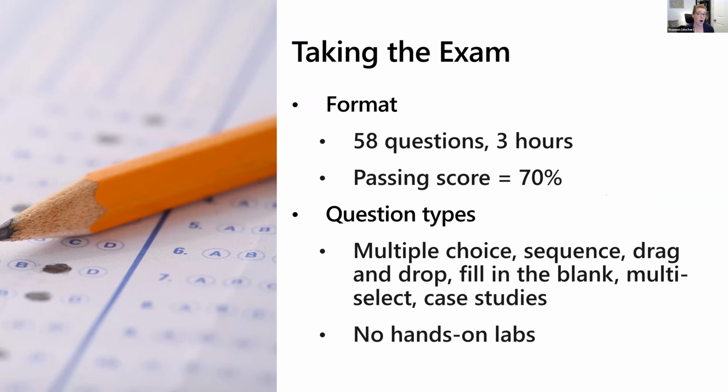You can take it online in your home, or you can take it in a testing center. There are benefits and drawbacks to each. And a passing score is a 70%. You will receive your score the minute you click submit. So you know right away whether or not that 3 hours was worth it or not.